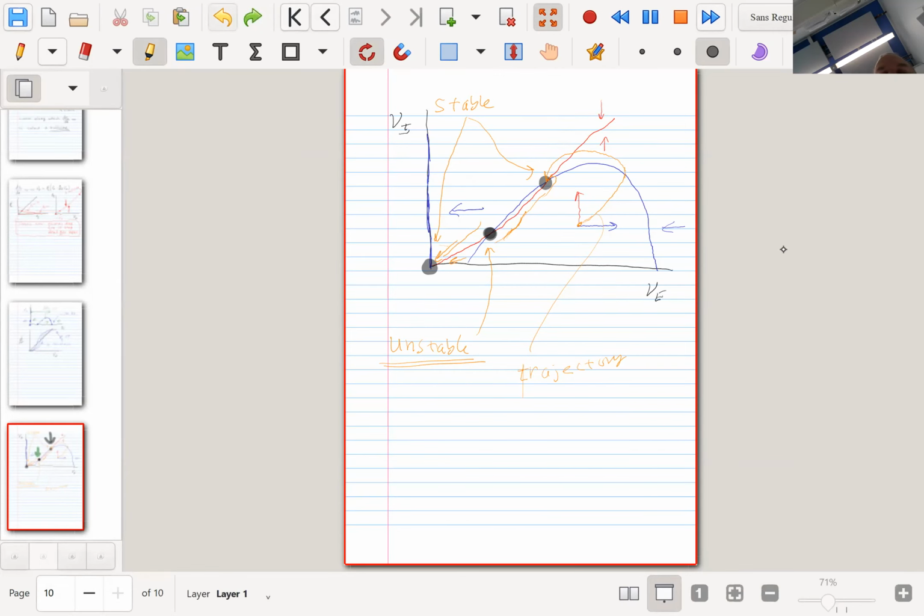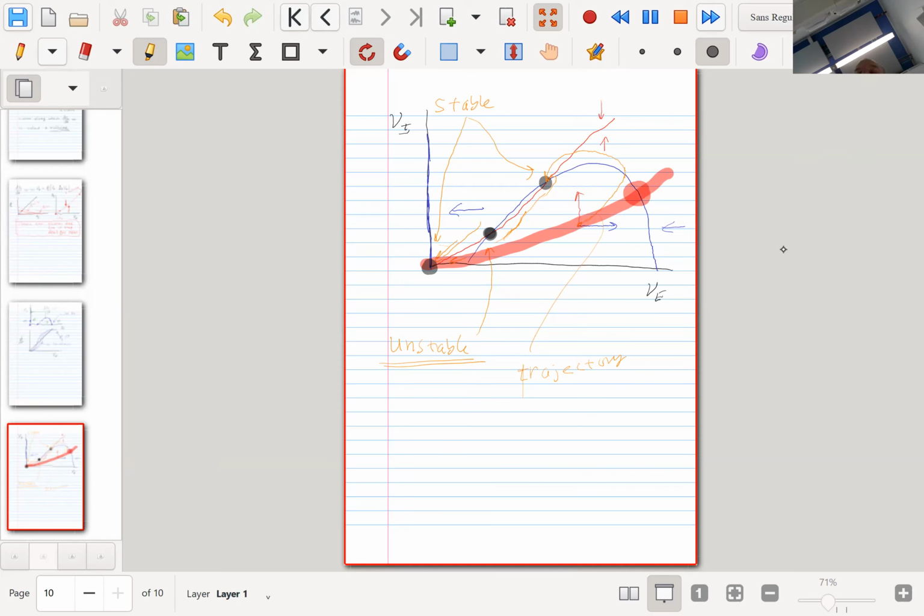So in this simple classical picture, what do we see in the brain? One possibility, of course, is that the actual nullcline you see in the brain looks like this. So it could be that the inhibitory nullcline looks like this, and you have equilibrium at a very high firing rate. But that's around 100 hertz, and that's not observed in the brain.